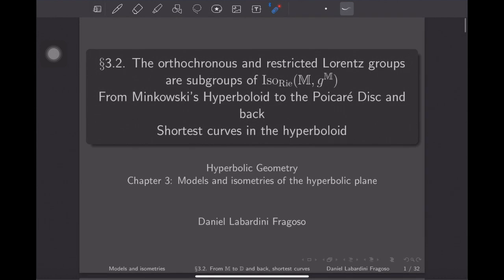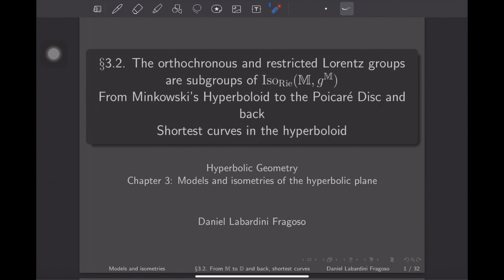Okay, and now let's go with this group. So last time we already started locating some useful groups, useful for studying the Riemannian isometries of the hyperboloid.